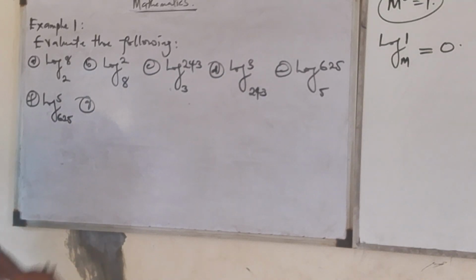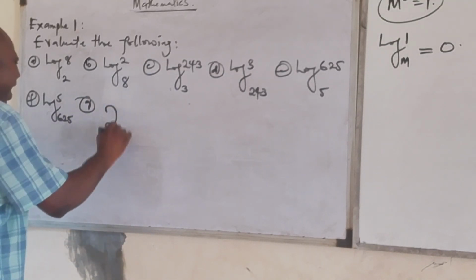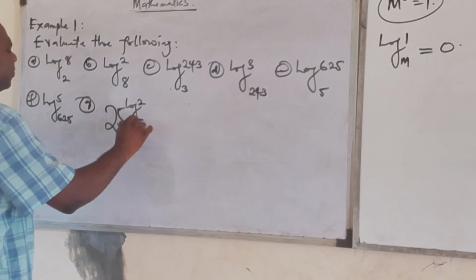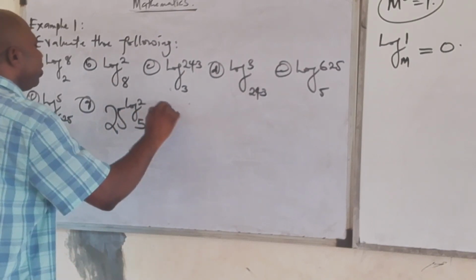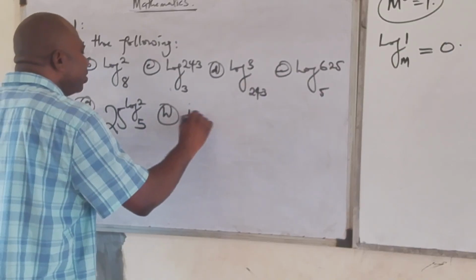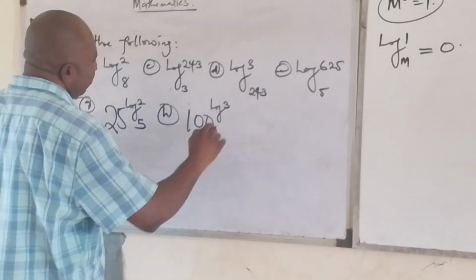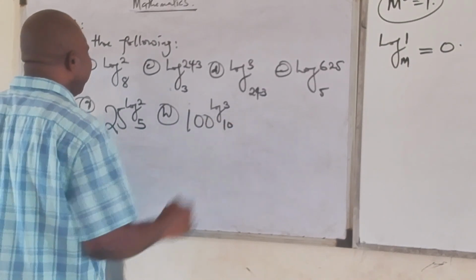G, we have 25 raised to the power of log 2 base 5. H, we have 100 raised to the power of log 3 base 10.